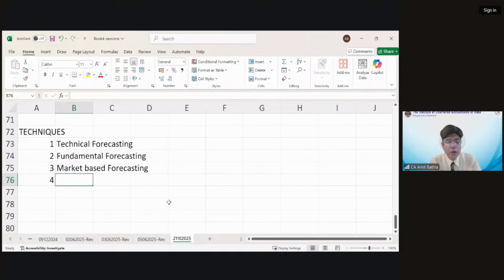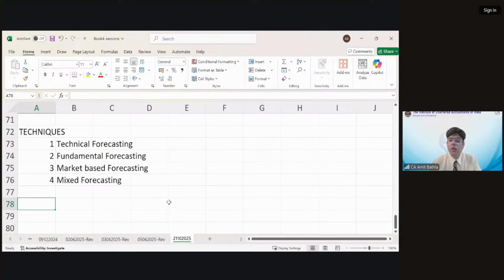Based on that, you can do certain market-based forecasting. And then the last one is mixed forecasting, which is nothing but utilizing not one, but a mix of the other three methods, right? So you take essentially one plus maybe one or all three methods to a certain extent to derive a mixed forecasting method.